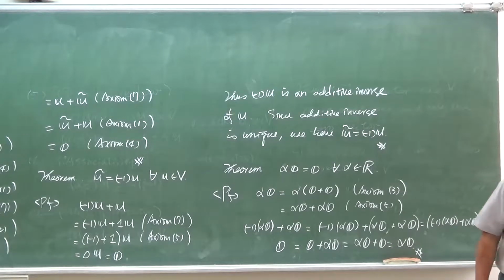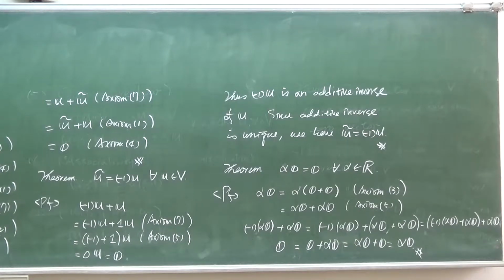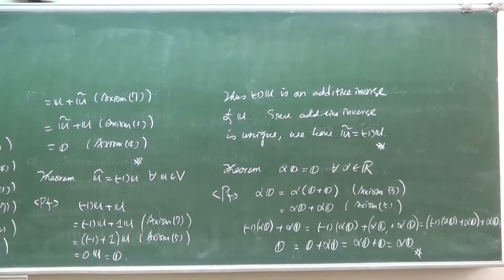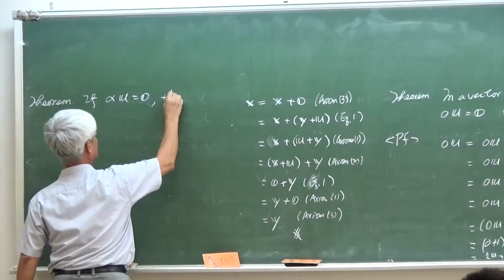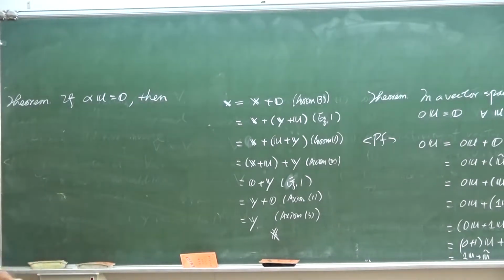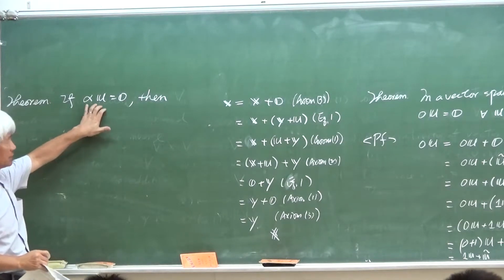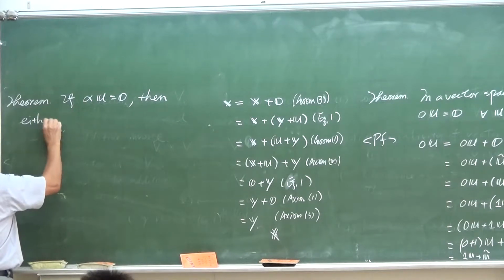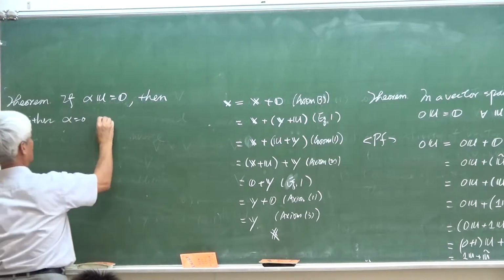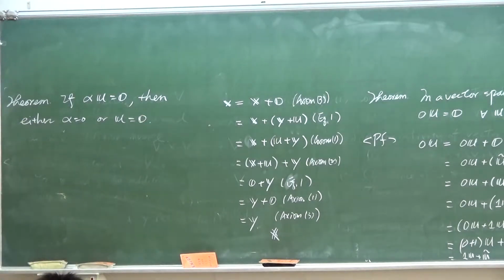So the final interesting thing is that if alpha u equals 0, suppose we have a scalar alpha and a vector u such that the scalar multiplication gives you the 0 vector, then either alpha equals 0 or u equals 0.